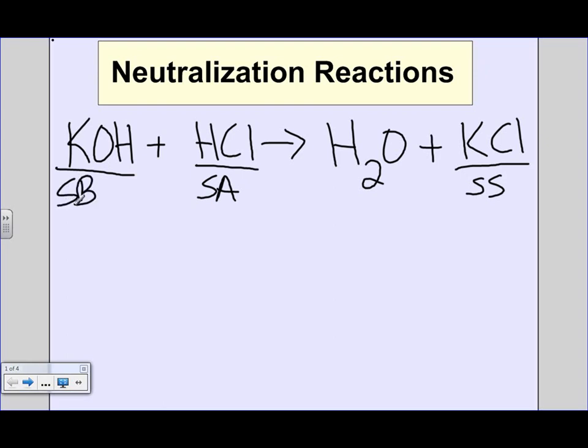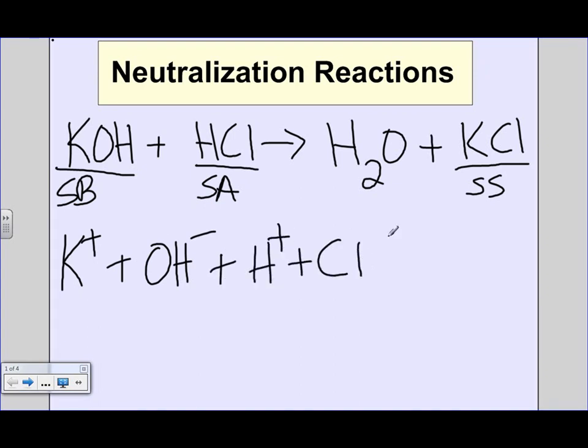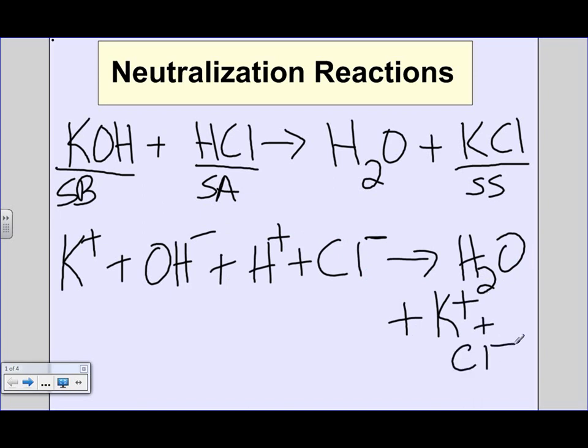Those three substances completely ionize in solution, so that means it's going to make K+ cation, plus the hydroxide anion, plus the hydrogen cation, and the chloride anion, and that's going to produce our water, H2O, and potassium cation and chloride anion.